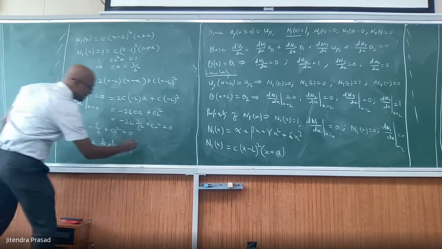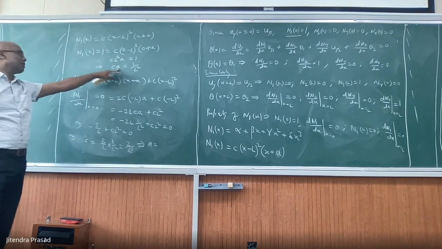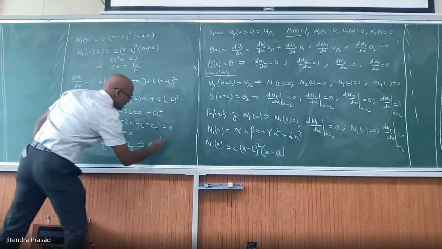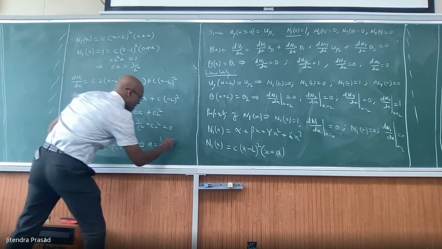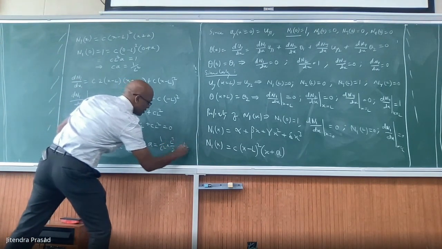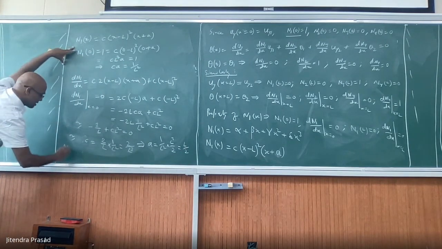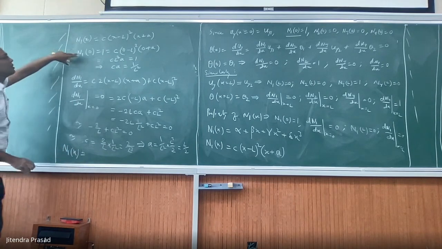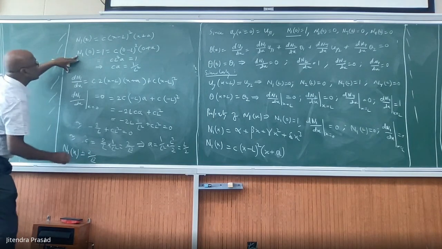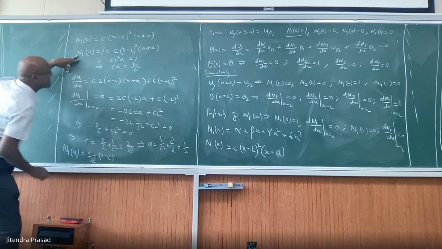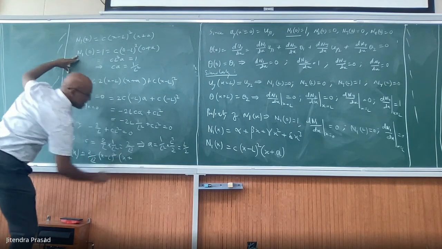And hence a is equal to 1 over L square multiplied by 1 over c. So you have L cube over 2 times 1 over L square, which is L over 2. Right? And hence you get the value of N1(x), where c is equal to 2 over L cube, multiplied by (x minus L) square, and then you have (x plus L over 2).